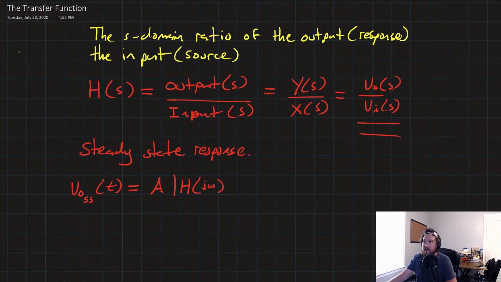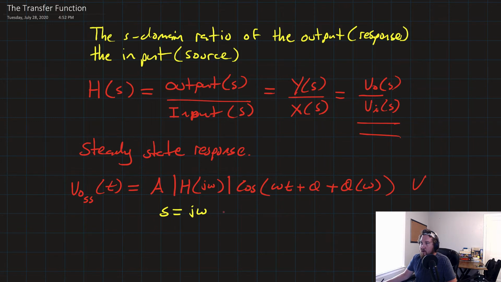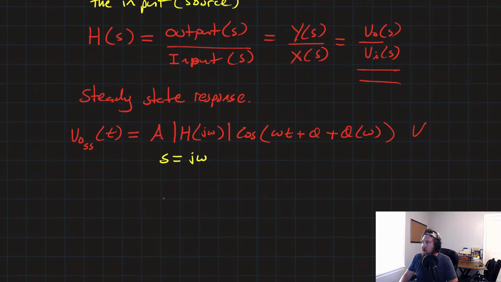Don't forget that S is just equal to j times the frequency in radians per second. So A times the magnitude of H of j omega times the cosine of omega t plus theta, whatever our new theta as a function of our frequency is. And that'll be given here in volts. So this is the equation we'll use at the very end to calculate the actual response to a specific frequency.